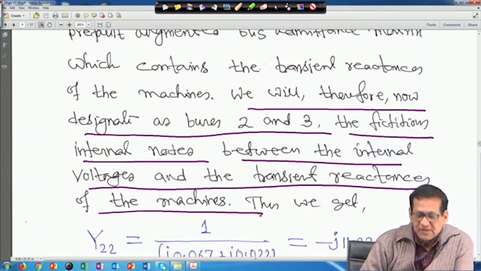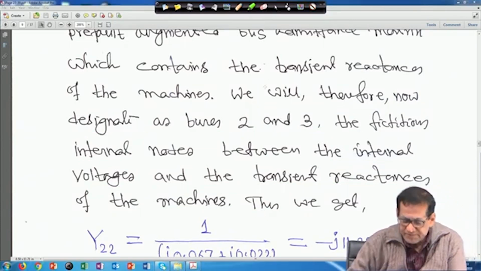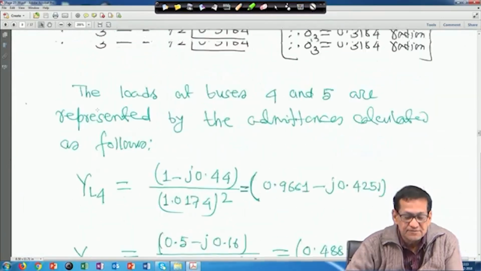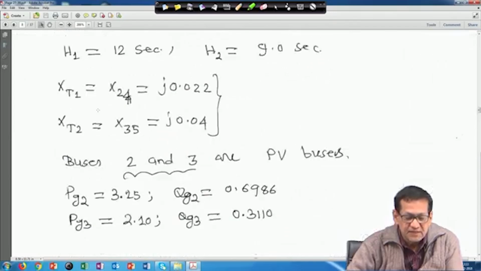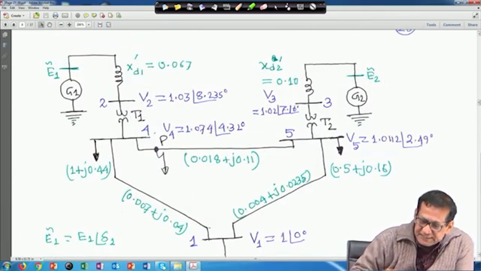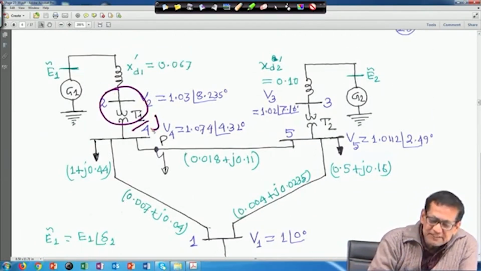This we will do. That means if we go back to the diagram, Y22, the transformer is actually j0.022 per unit.